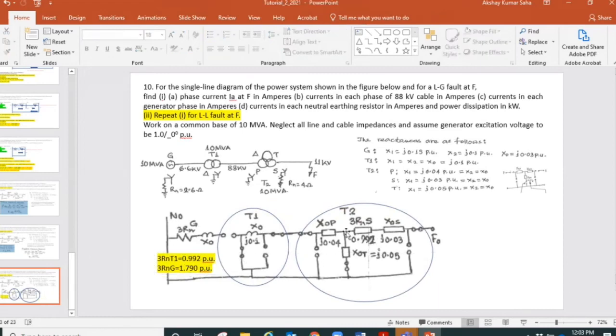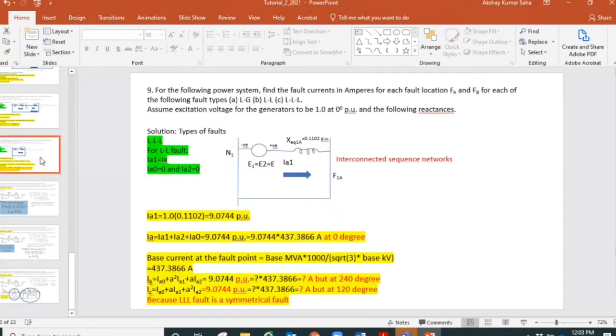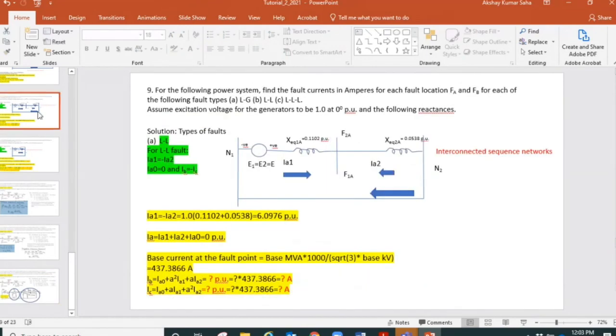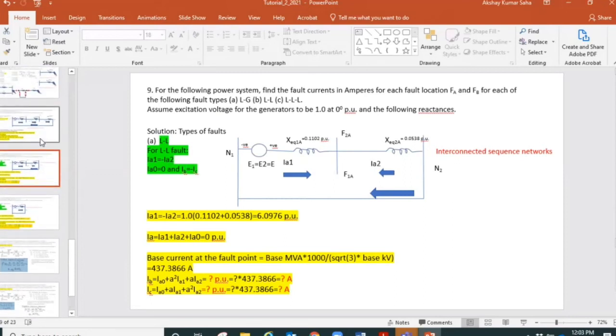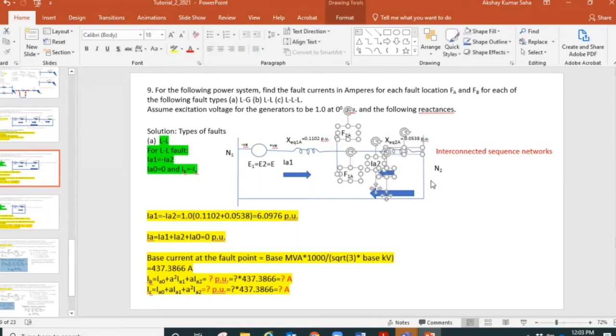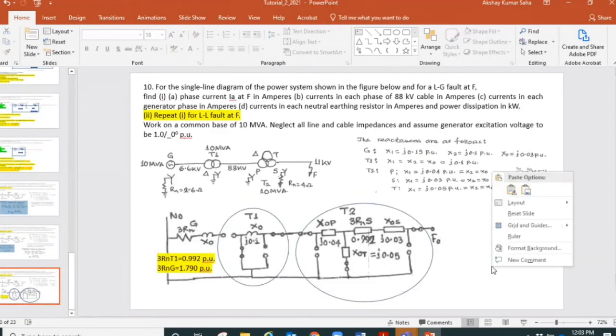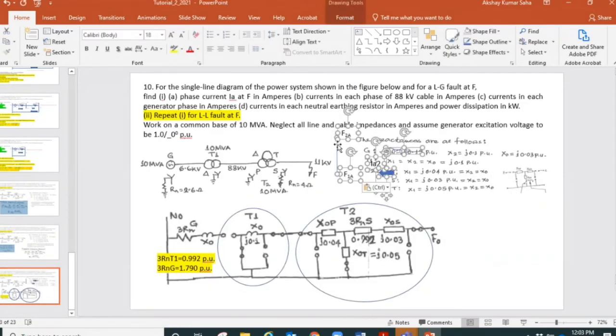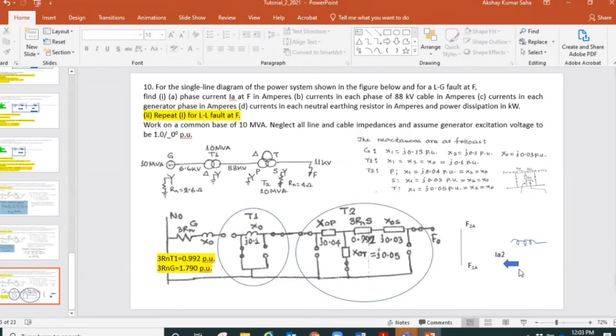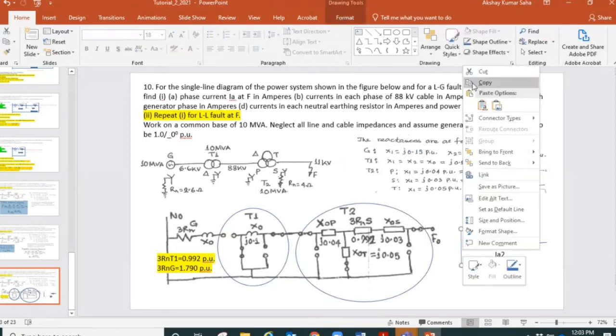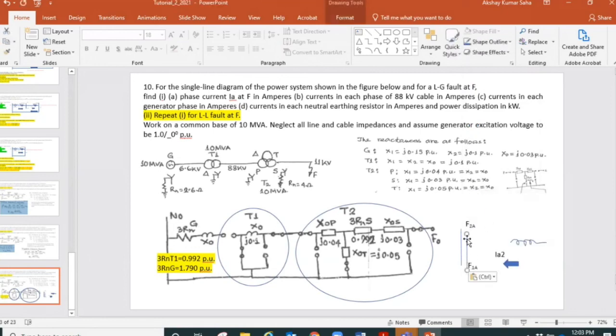And now we need to know, if I go and copy something, where I can copy it from. I need now the reduced diagram for this zero sequence network, because for positive and negative sequence we did it, and for this zero sequence network we have to do the reduction.